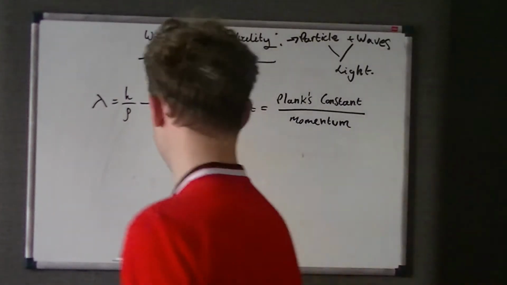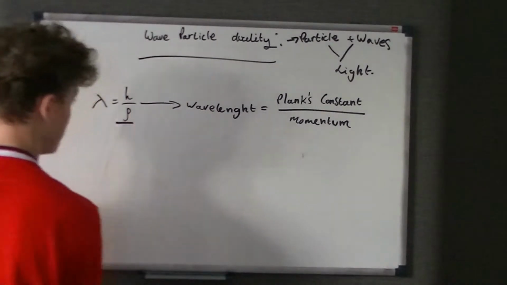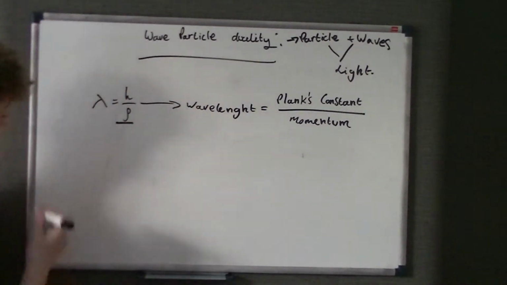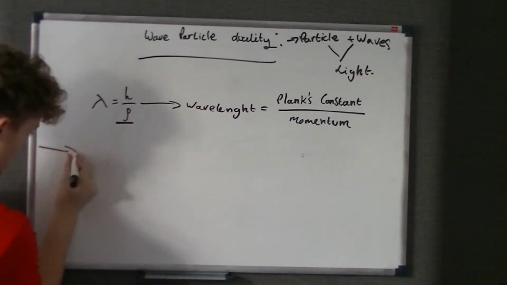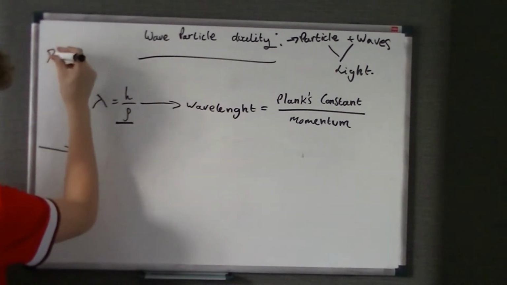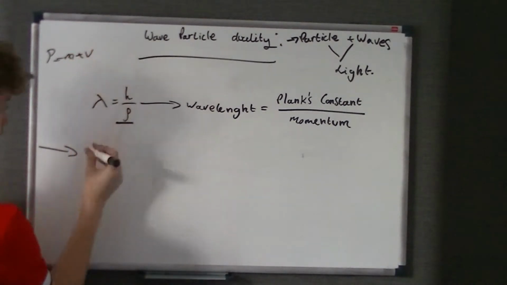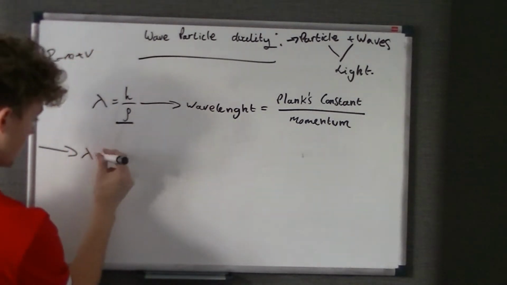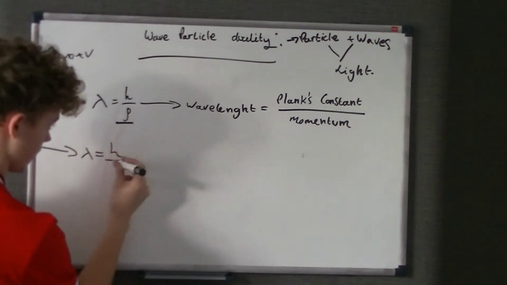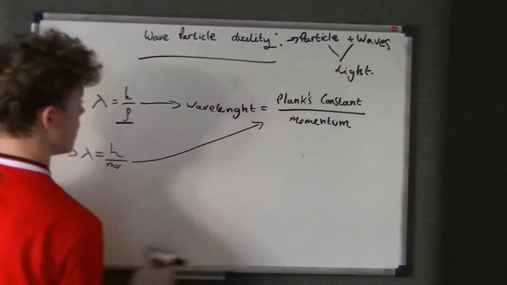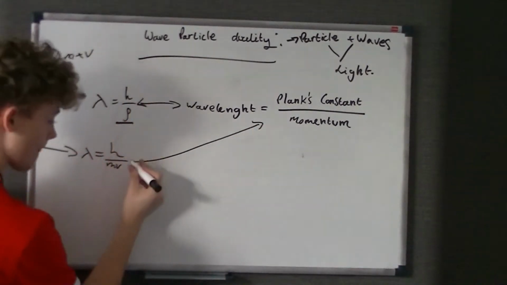Now we can explain momentum. As momentum p equals mass times velocity, we can put that into the equation: lambda equals h over mv, which is exactly the same as saying that.